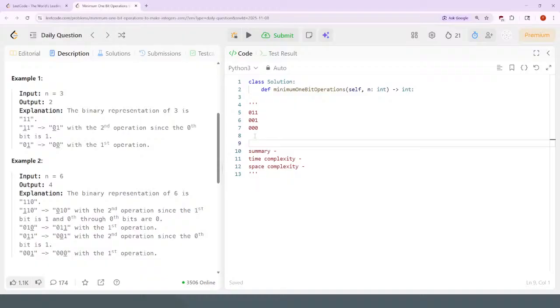And then n equals 6, so that should be 4, 2, 0, 1s.